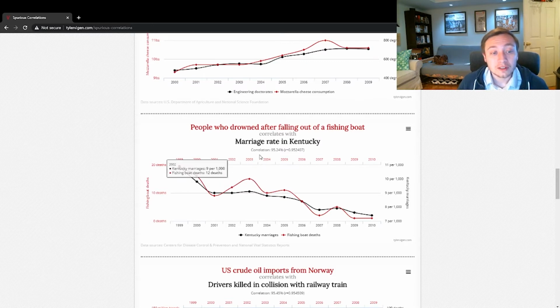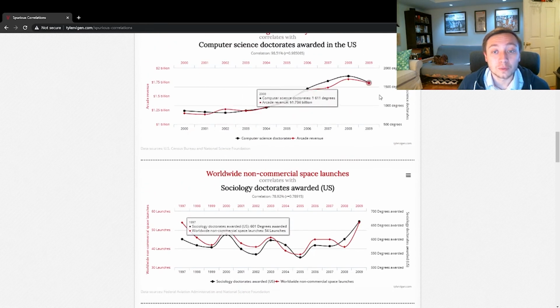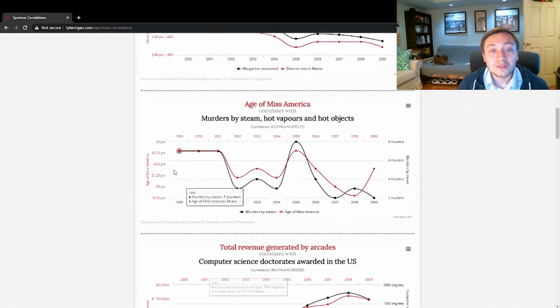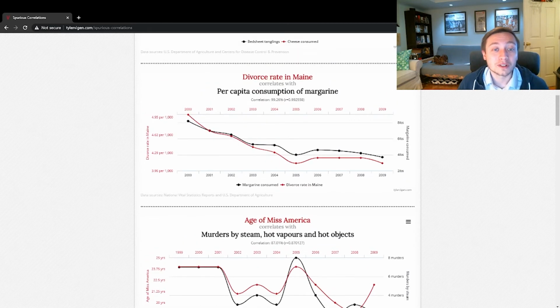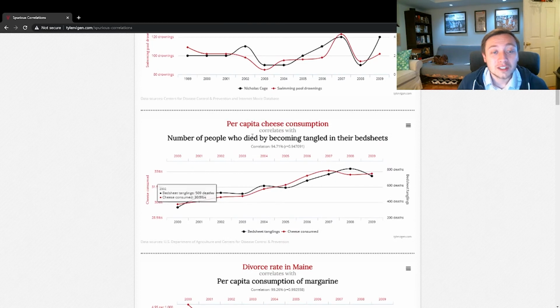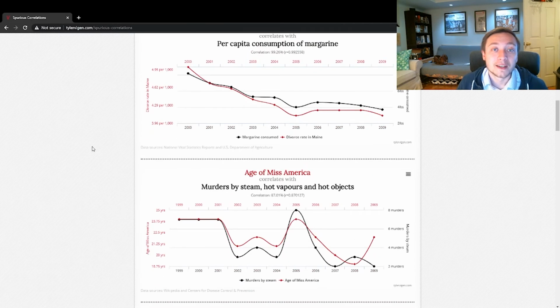So in order to ensure that we're not falling victim to this kind of spurious correlation world in our own research projects, we've got to have a really good, convincing argument as to why divorce rates in Maine correlate with consumption of margarine, why cheese has something to do with the people who died by becoming tangled in their bed sheets, why your own political variable has some causal influence on another political variable. This is the important step that we need to take to ensure that we're not chasing numbers around and finding a relationship that really doesn't mean anything useful in our studies.